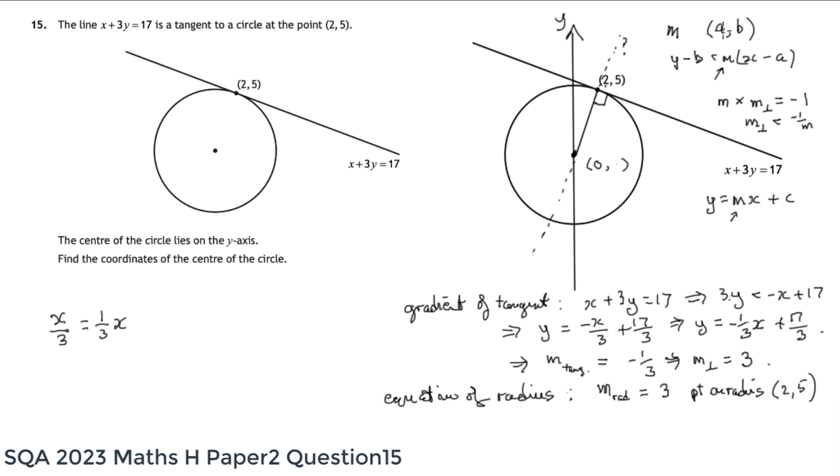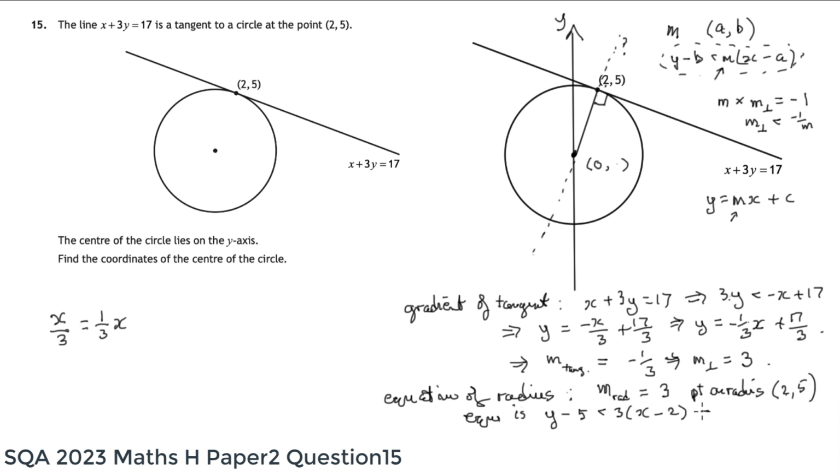So we're now at the stage where we can use this formula to find the equation. So the equation is y minus b, that's the y coordinate of the point on the line, equals gradient, which we know is 3, times x minus the x coordinate of the point, which is on the line.